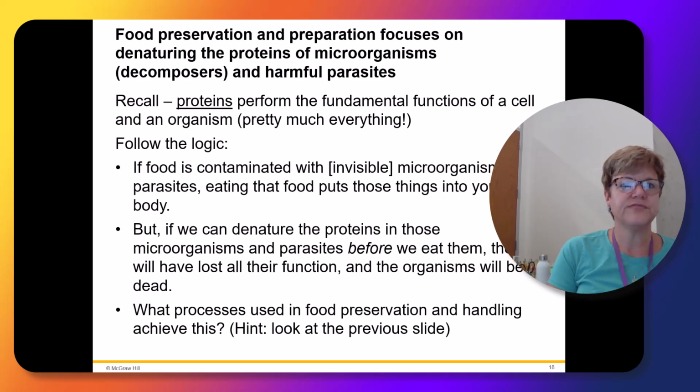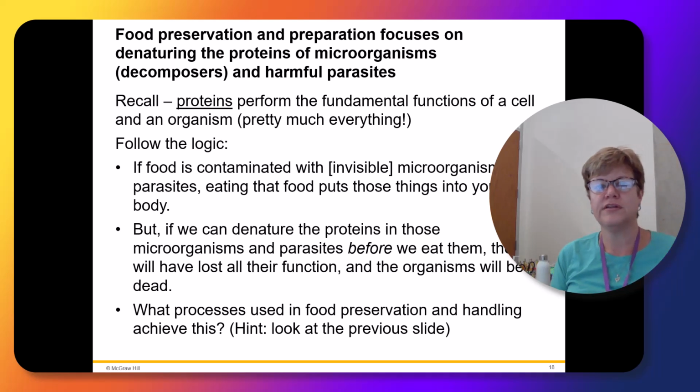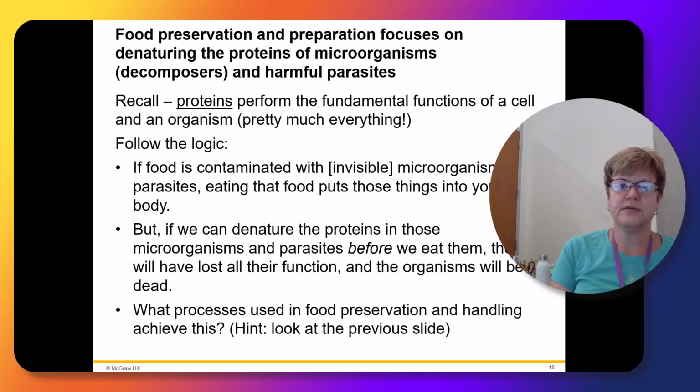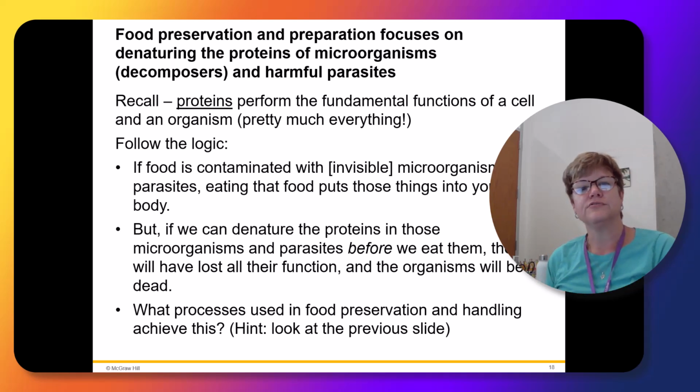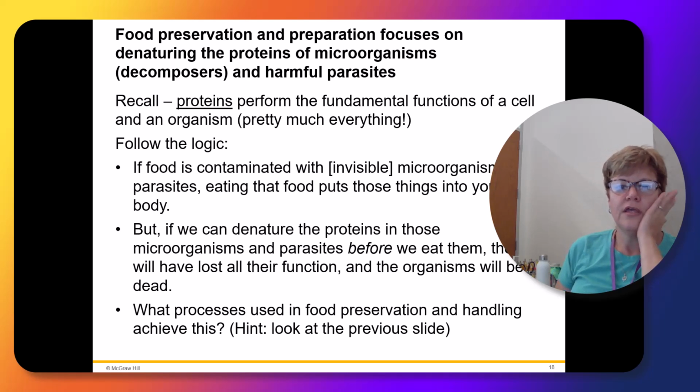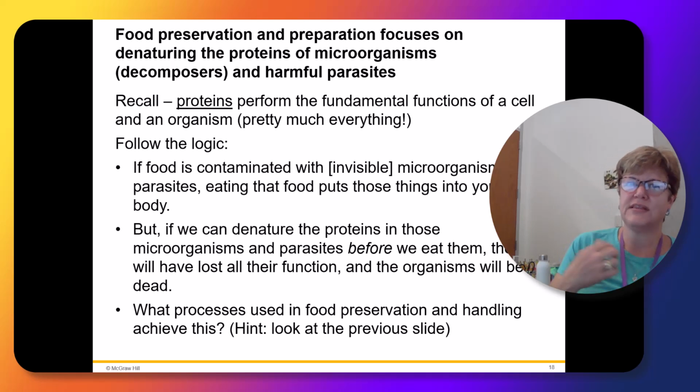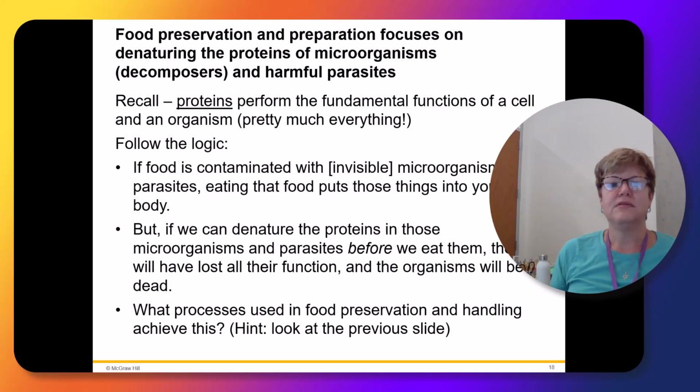Food preservation and preparation focuses on denaturing the proteins of the microorganisms that might be in the food. Microorganisms spoil food because they're decomposers, but they can also make you sick. So they're harmful, and they can be parasites or pathogens. A parasite is something that stays inside of you and just lives off of you. A pathogen is something that makes you sick. I mean, you don't want either one of those things, right?